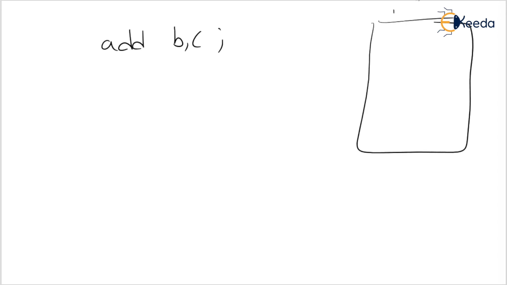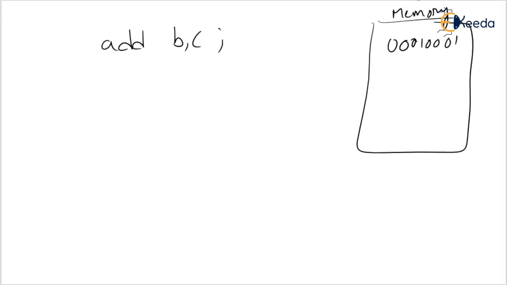Whenever you are writing the program, add A, B comma C, you are writing it using your keypad. But while it is entering into the memory, how does it enter? Through opcodes only.